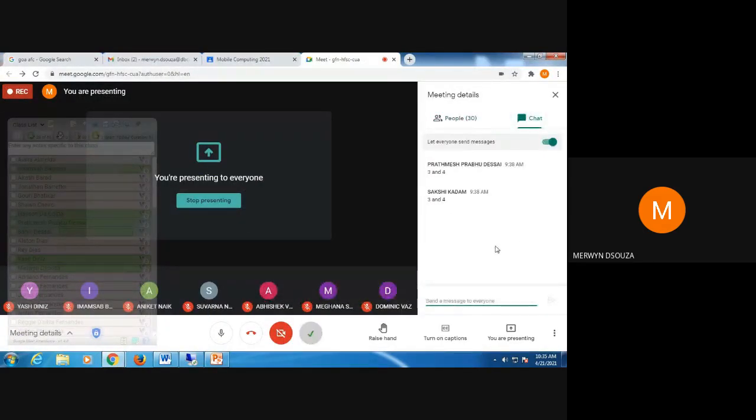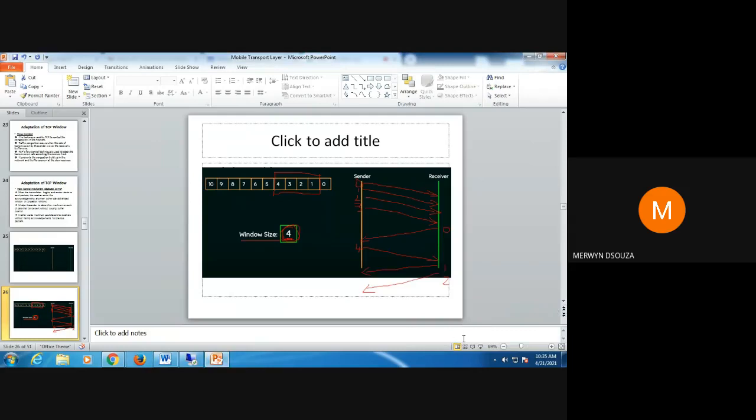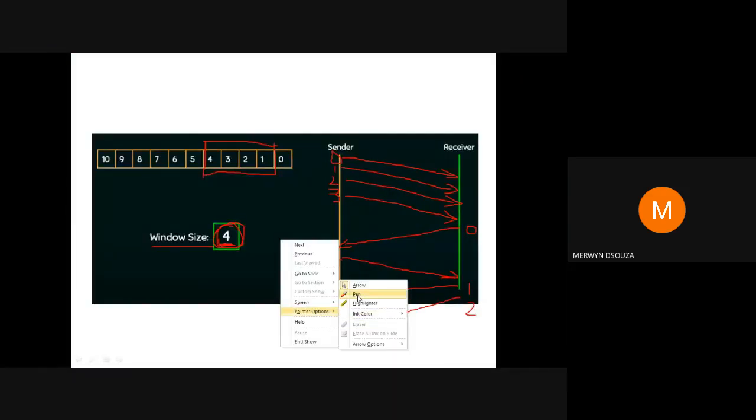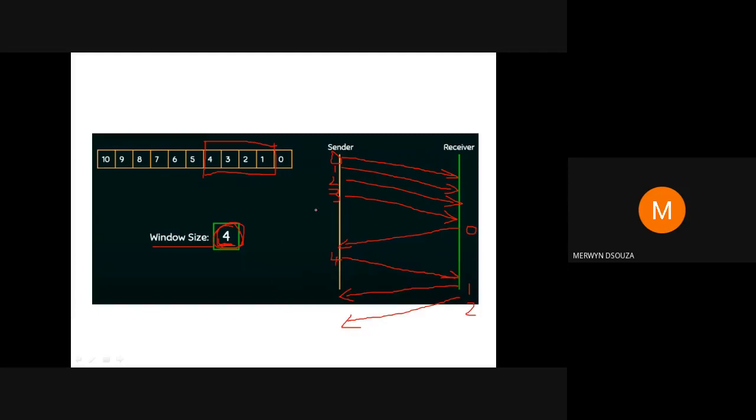Correct, it is waiting for the acknowledgement of packets 3 and 4. So it is waiting for the acknowledgement of 2 packets, packet 3 and packet 4.